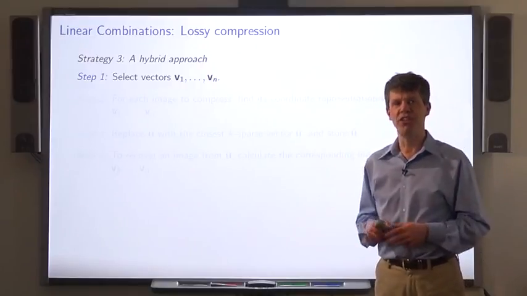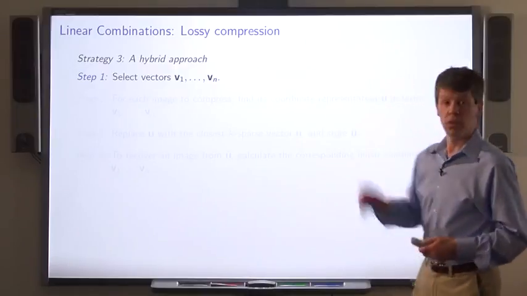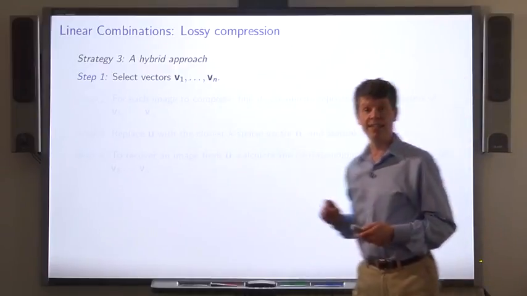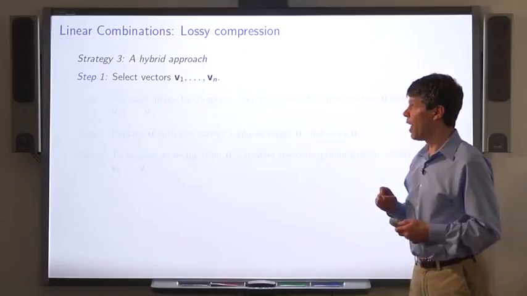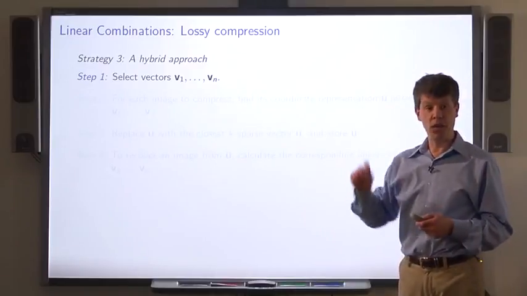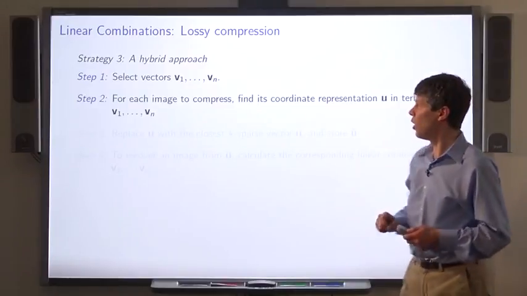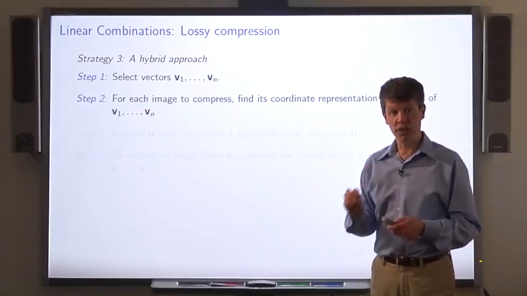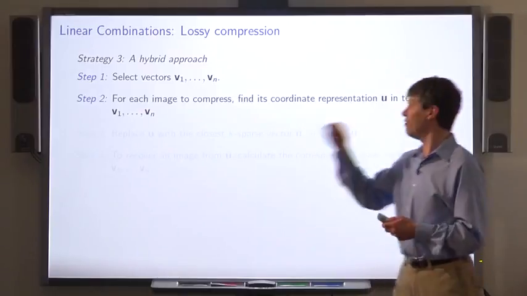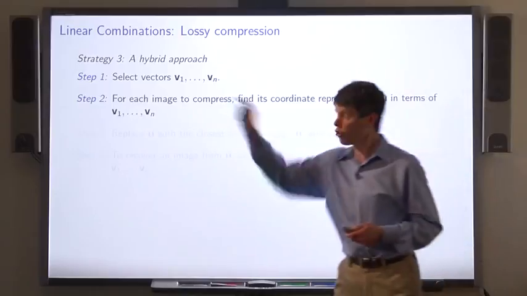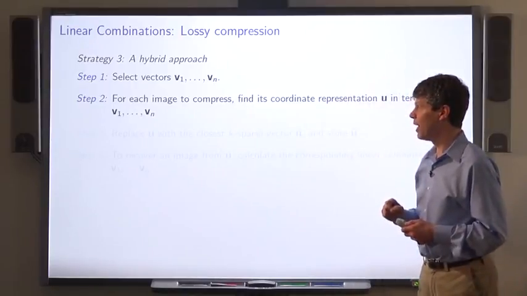But here's a third strategy that works quite well. As before, we select some vectors that span the whole vector space. For each image to compress, we view it as a vector, and we find its coordinate representation in terms of these generators.